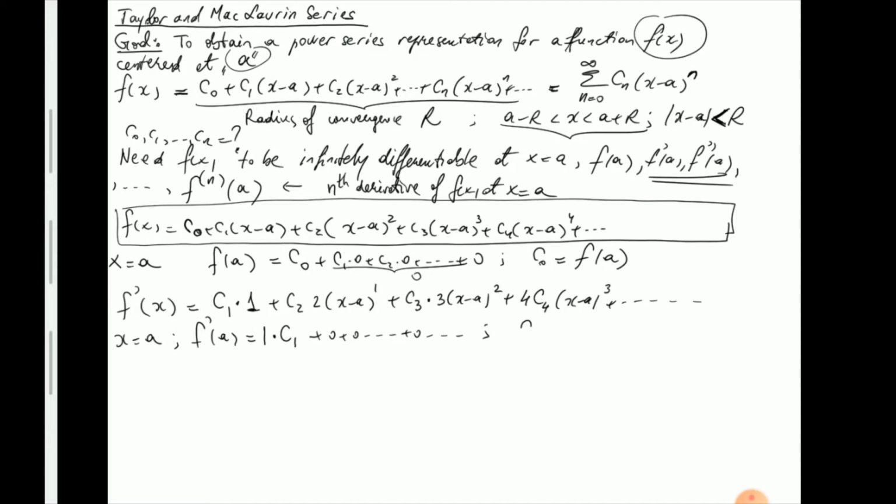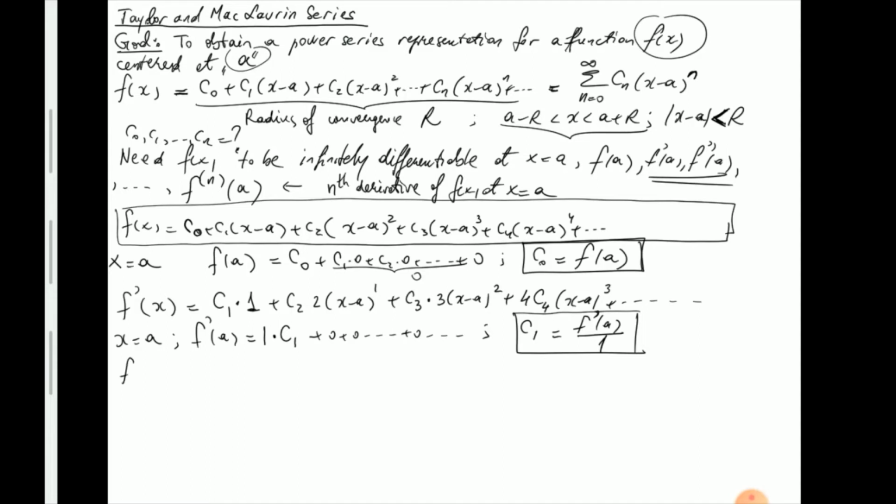So c1 is just f prime of a. Again, I'm going to write it as f prime of a over 1. And let's actually mark down, just circle these coefficients that I just found one by one. Again, you'll see later why I put it over 1, so you could see the pattern as we move along.